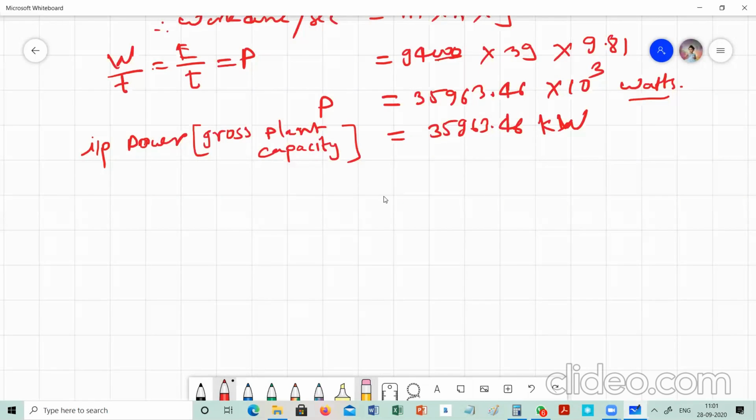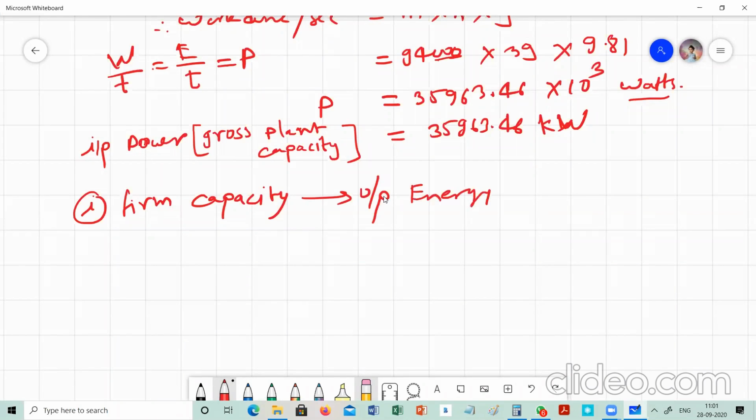So first is firm capacity. They have asked for firm capacity, and firm capacity is nothing but output energy. For the formula we have to use the plant efficiency or overall efficiency, eta plant. In this problem they have used plant efficiency instead of overall efficiency.